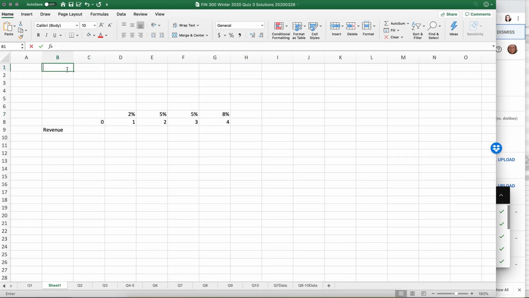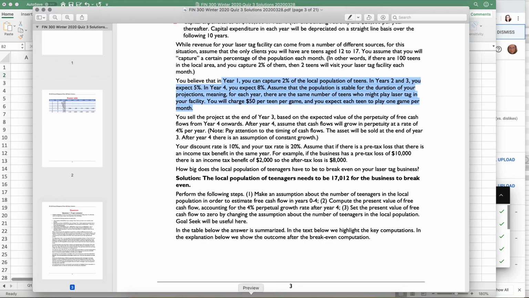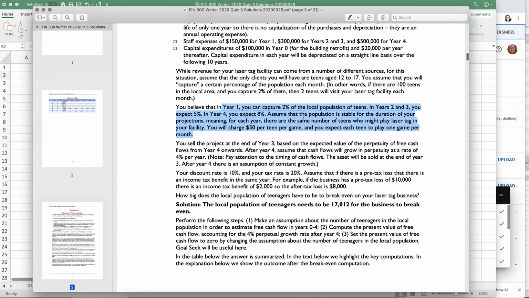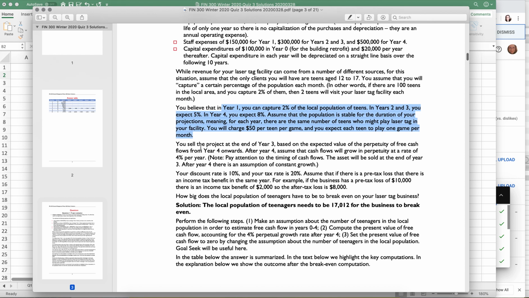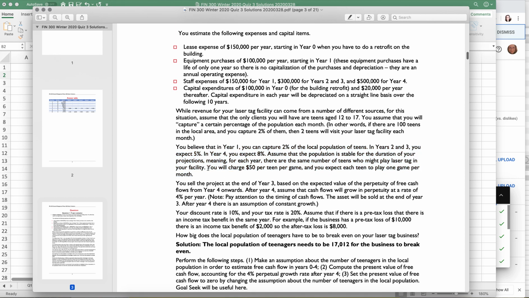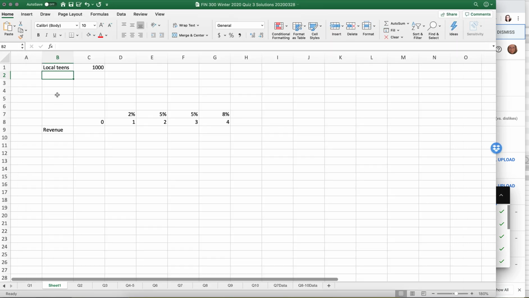Local teens. Let's say there are 1,000 of them. We know that we will get, let's see, where does it say it? $50 a game, and you expect each team to play one game per month. So the revenue per game is 50. Games per month is 1.